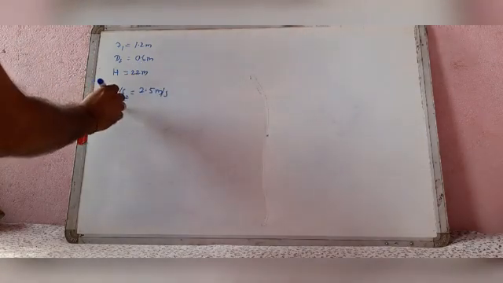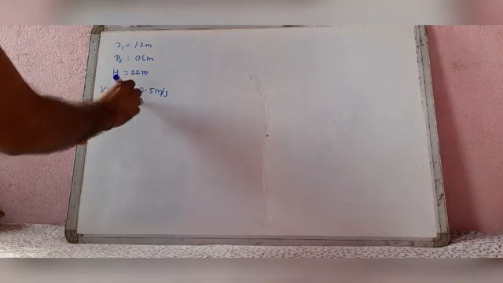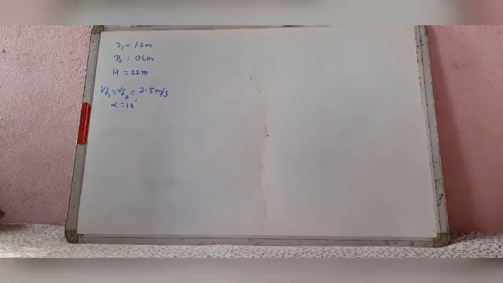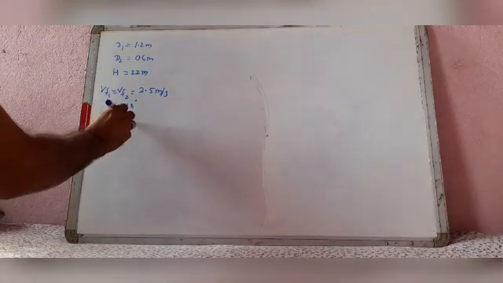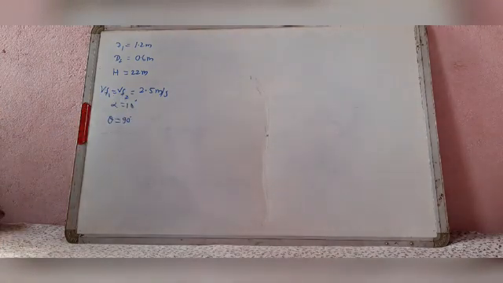Guide blade angle alpha is given 10 degree. Runner vane radial at inlet means theta equal to 90 degree.